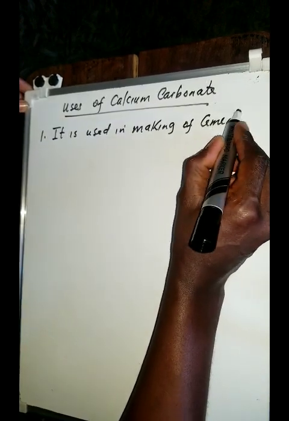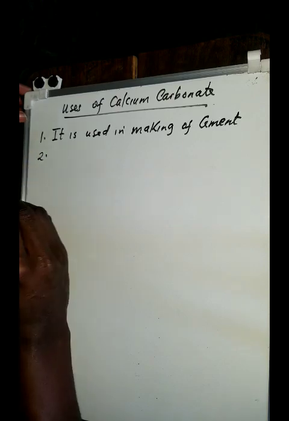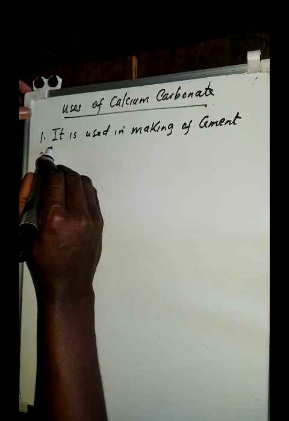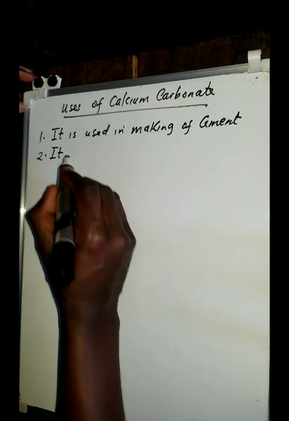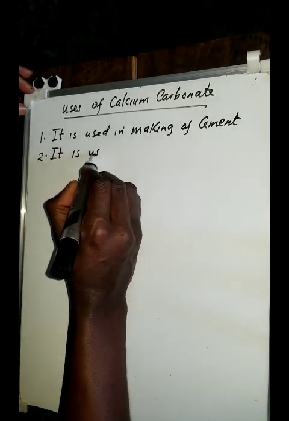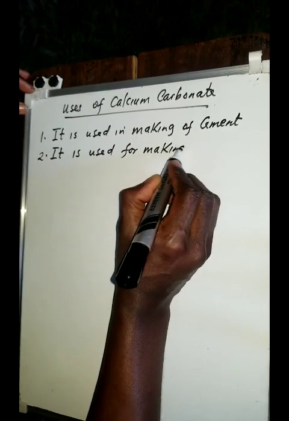So cement is actually manufactured using calcium carbonate. It can also be used for making glass.